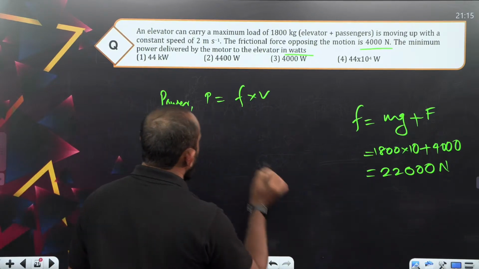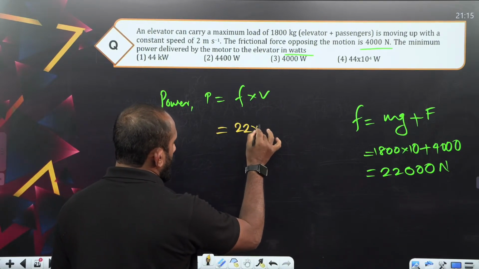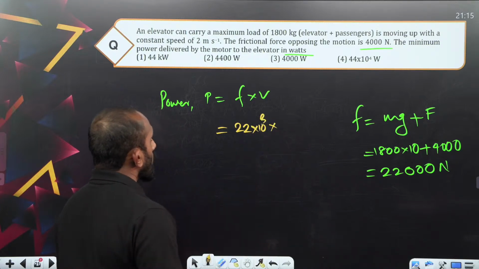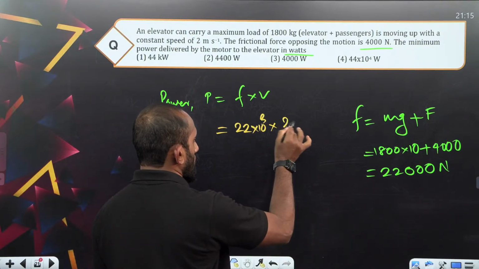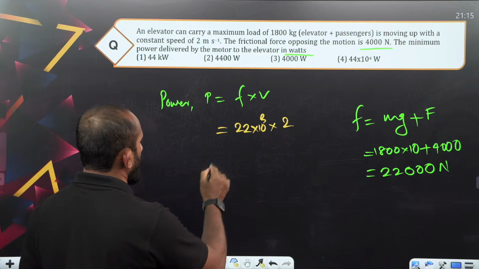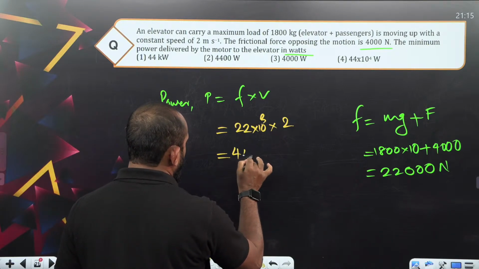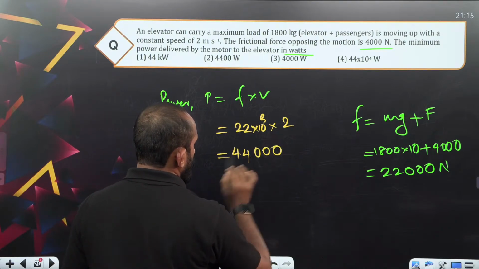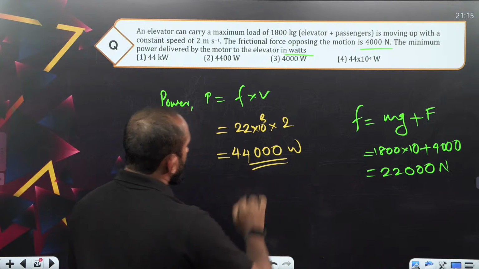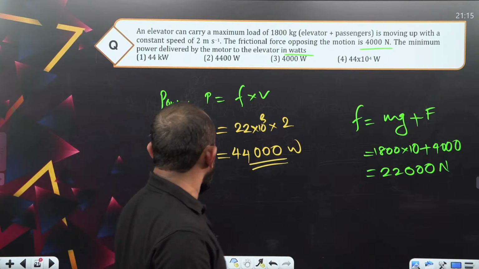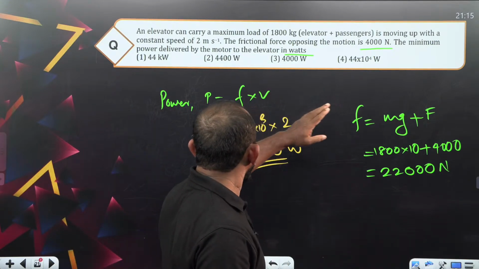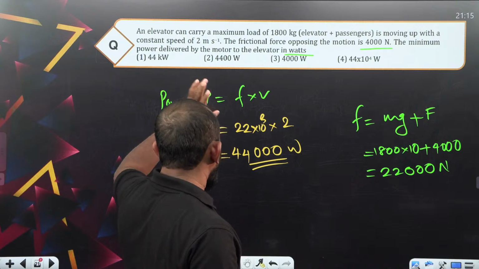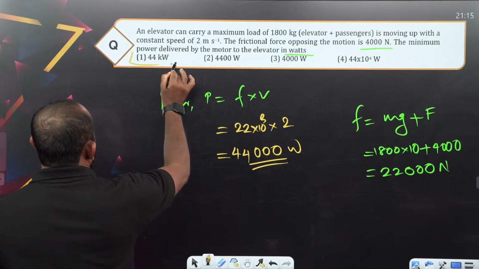F is 22 into 10 raised to 3 into V, which is 2 meters per second. So this will be 44 into 10 raised to 3 watts, that is 44 kilowatts. So option is 1.